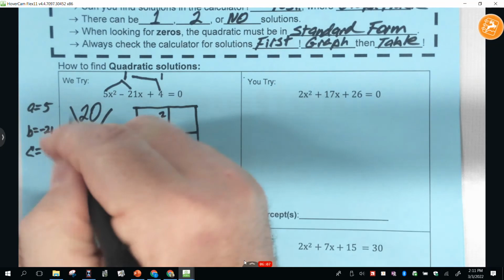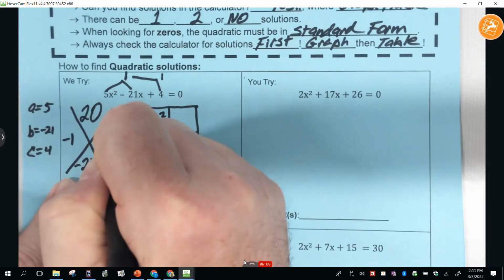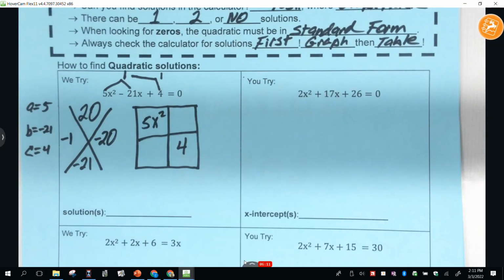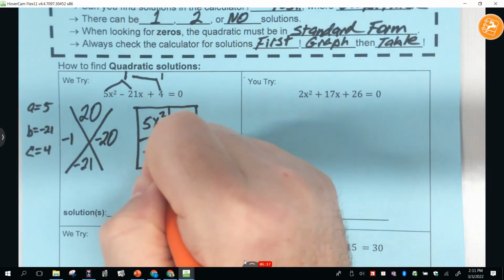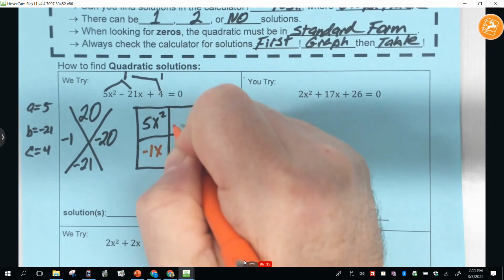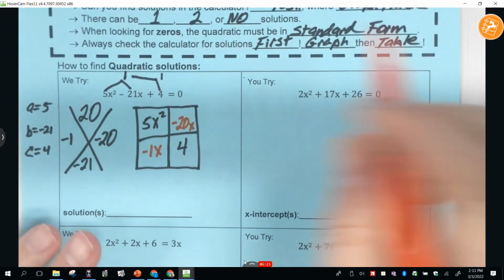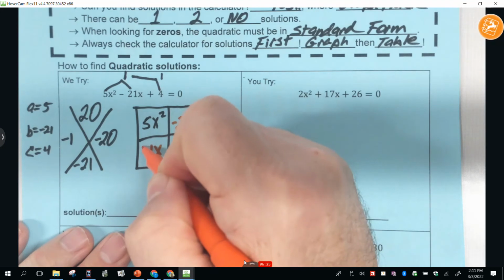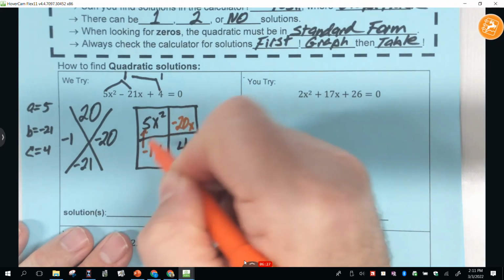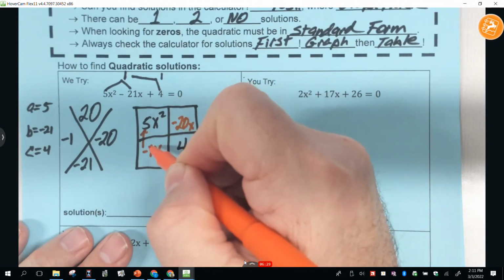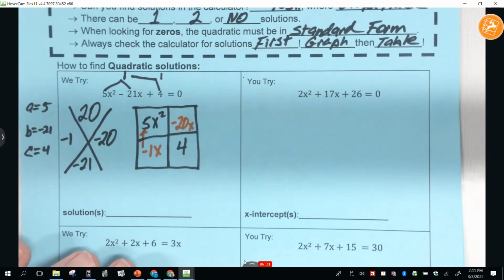So this would be negative 1, and this would be negative 20. I'm going to fill these two numbers in. I'll put negative 1x here, and negative 20x here. Now I want to get the GCF of 5 and 1, which is just going to be 1.